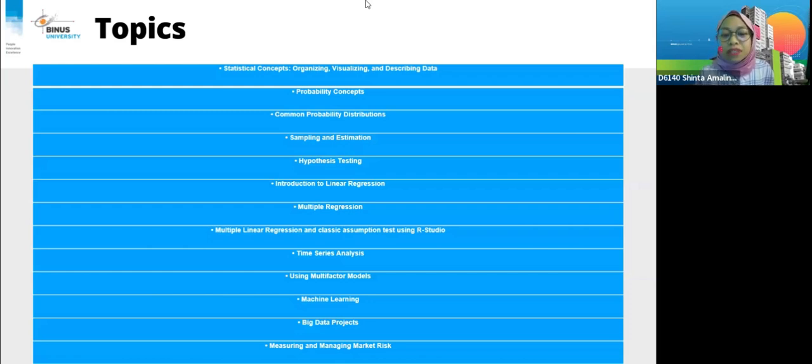And then we move forward again with multiple linear regression and its classic assumption tests. And then time series analysis, which is very common data used by financial researchers and financial analysts, and then multi-factor models, machine learning, big data projects, and the last but not least is measuring and managing market risk.